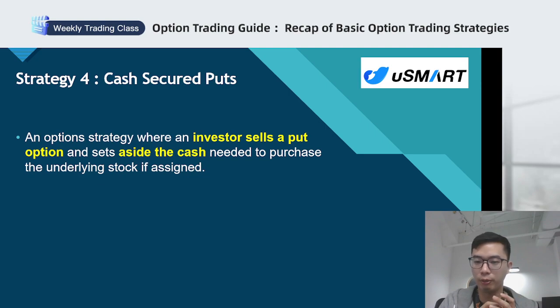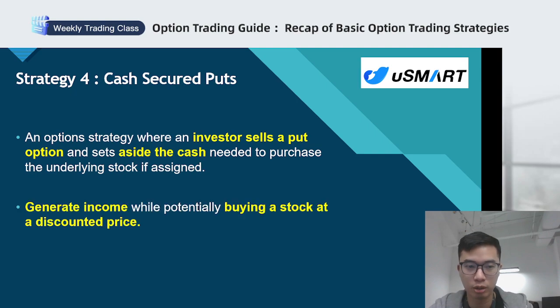For beginners it's not so friendly because you need to buy at least 100 shares, but we can still learn it, maybe in futures. It has a very high win rate, but needs a bigger capital. Then we can keep generating income while potentially buying stocks at a discounted price.